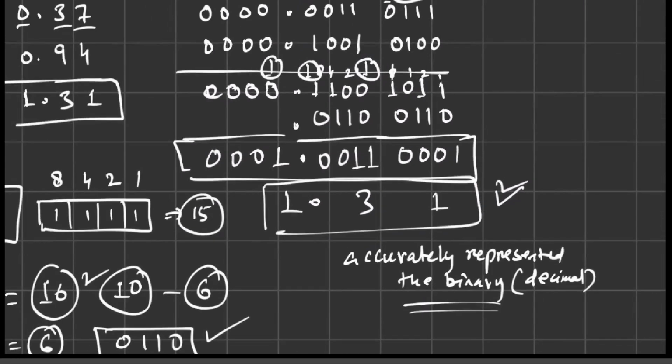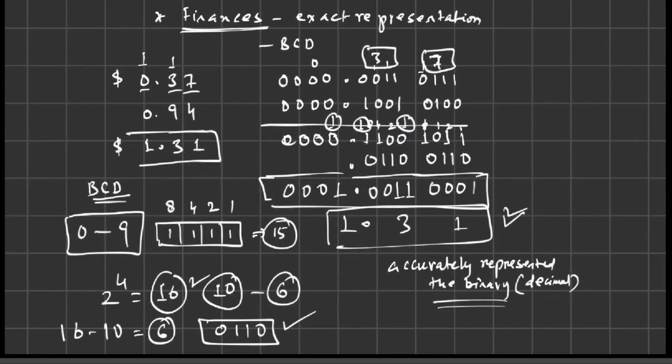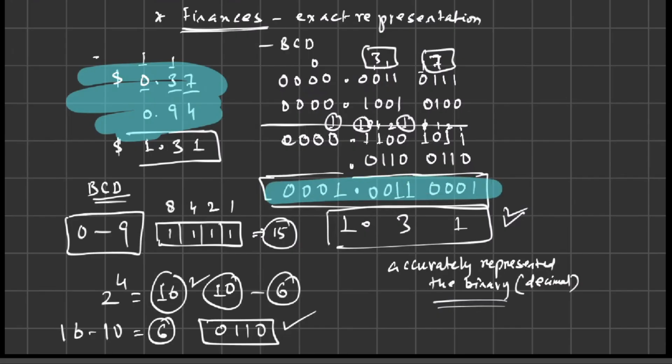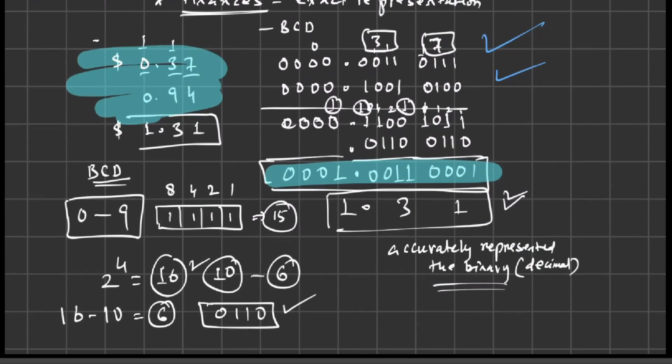So this was the problem. If this number was to be represented in binary form, it was actually difficult, and there was an error. So we have used the BCD technique in order to exactly represent this number.